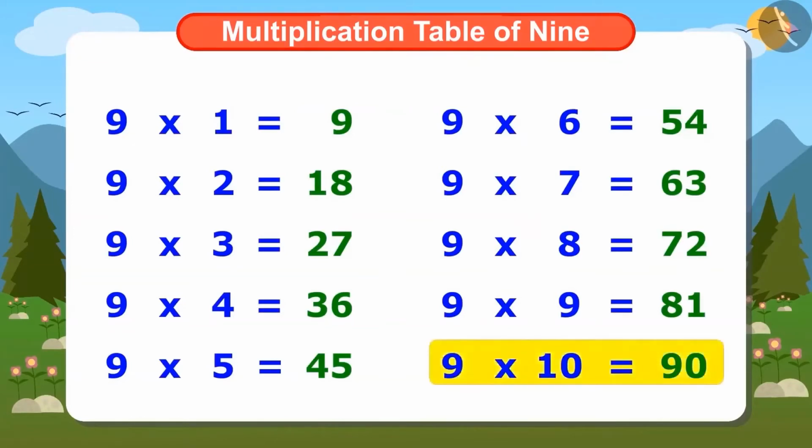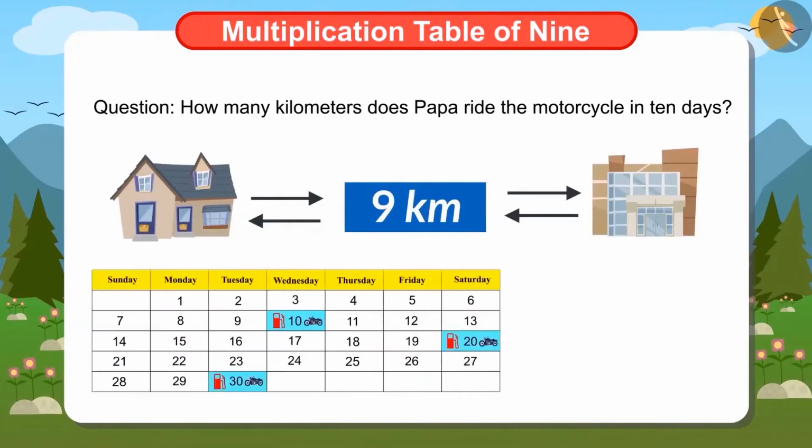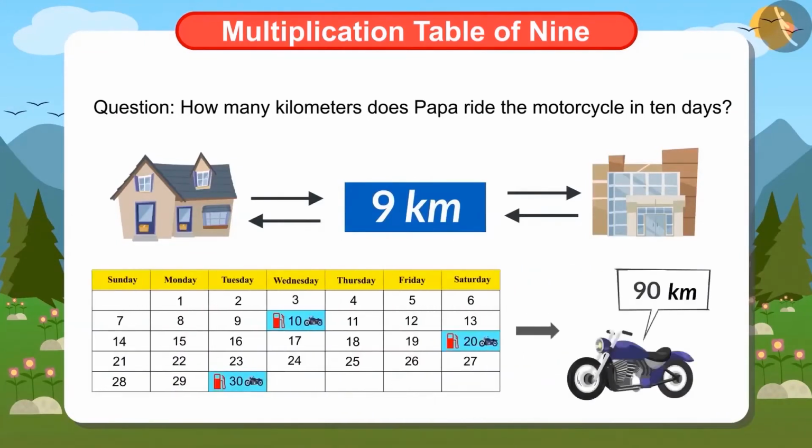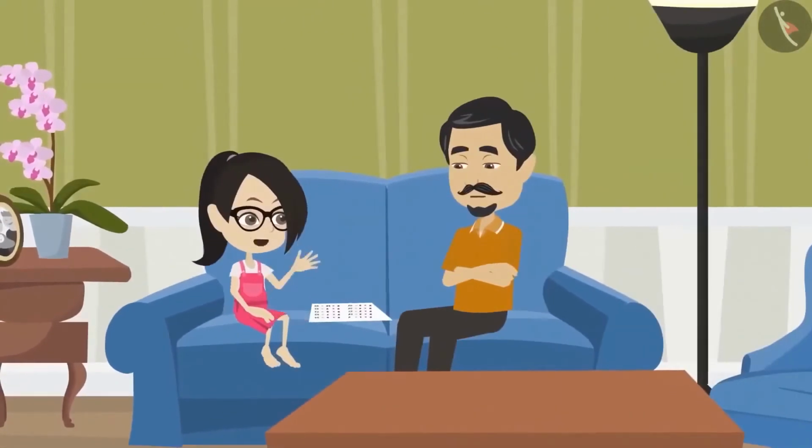For this, we have to find the answer of 10 times 9, and looking at this table, we can tell that the answer of 10 times 9 is 90. That is, in 10 days her father rides his motorcycle for 90 kilometers if he rides 9 kilometers every day. Let's tell Papa. Papa, you ride 90 kilometers in 10 days.